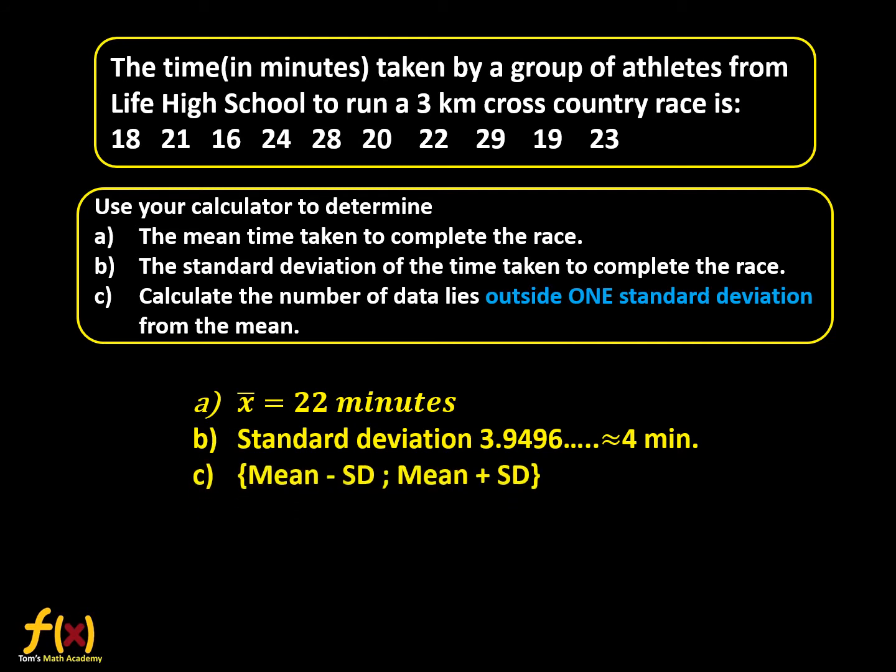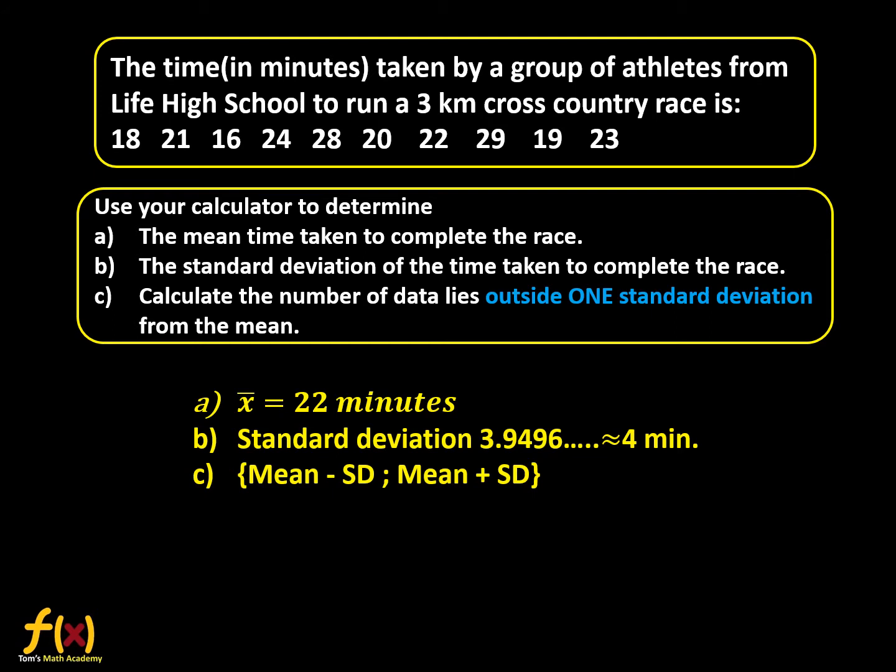And also the standard deviation is 3.94896, approximately 4 minutes. Number C, outside one standard deviation. So you take mean minus 1 standard deviation and also mean plus 1 standard deviation. If the question says outside 2 standard deviations, then you must multiply the standard deviation by 2.